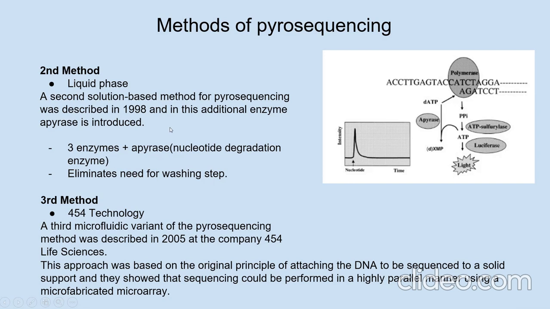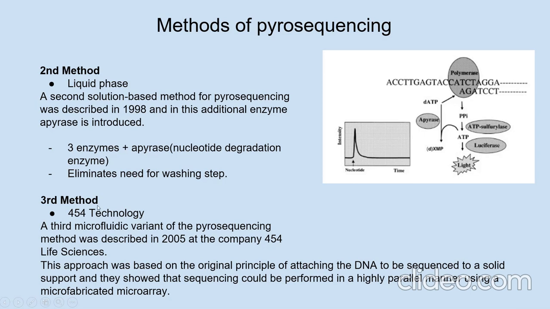So this whole process is carried out in the liquid phase. That's why we are adding apyrase over here. Otherwise, the washing process would carry out the whole process in the solid phase. This eliminates the need for a washing step, so there is no need for a washing step in this method.